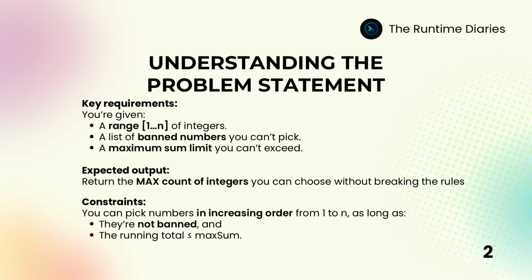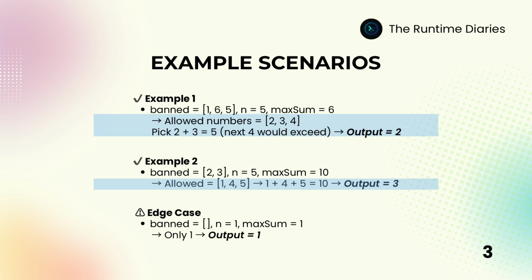Let's walk through a quick example. So let's say our banned array from left to right is 1, 6, 5, and our n value is 5, and our max sum value is 6. The valid boxes you can pick from are from left to right, 2, 3, and 4.